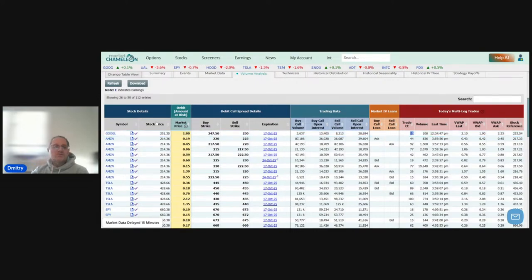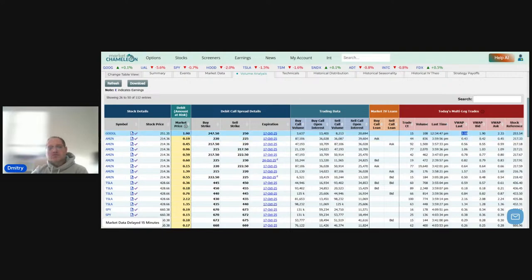times it traded. For example, GOOGL, Google, the October 17th, 247.5, 250 call spread. So right now the ask price is $1.90. Right, so that's the ask side. But it traded, the last time it traded 1234.47. The VWAP price on the day, volume weighted average price is 210.